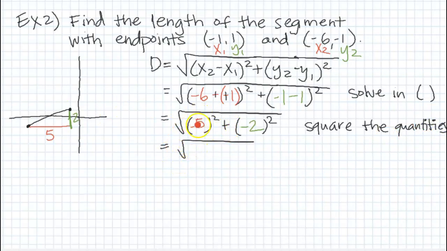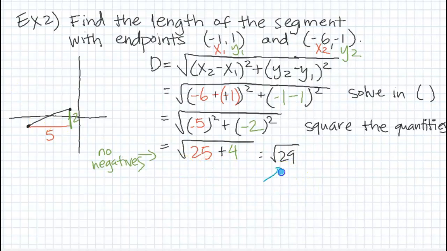After I do -5 times -5, I will have a positive 25. A negative times a negative is positive. -2 times -2 will give me a positive 4. So at this step here, no negatives. Only positive at this point after I square the quantities. Then finally, I'm going to add those numbers together and I get square root of 29.